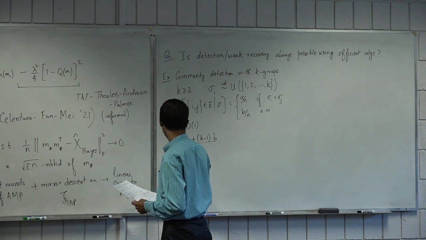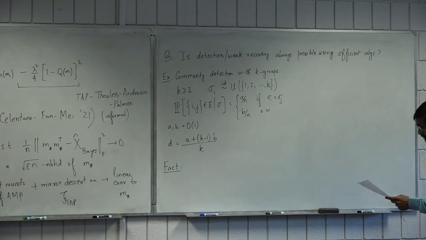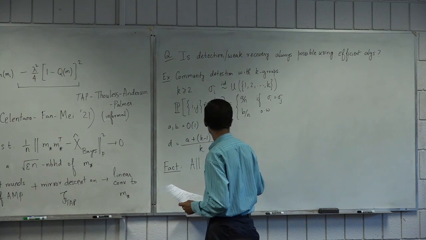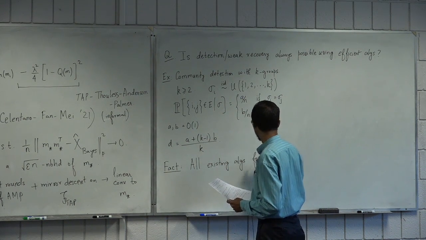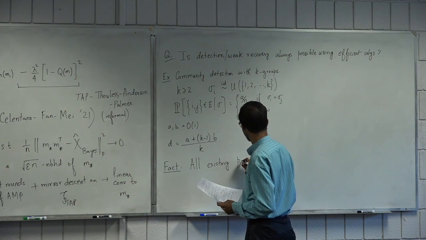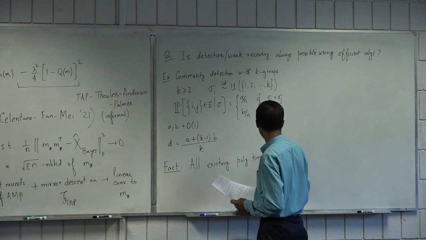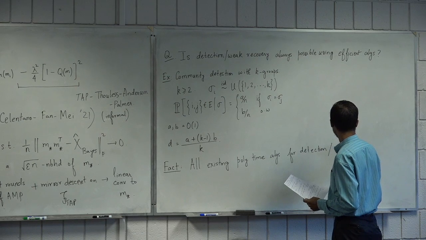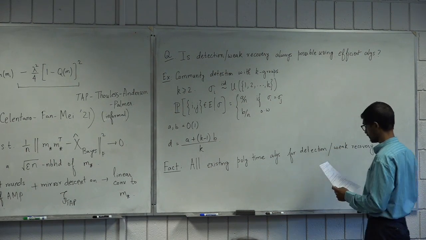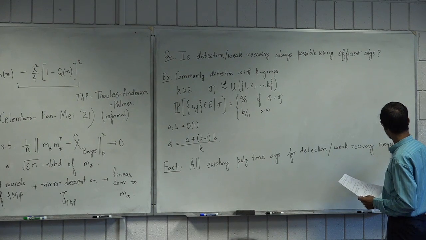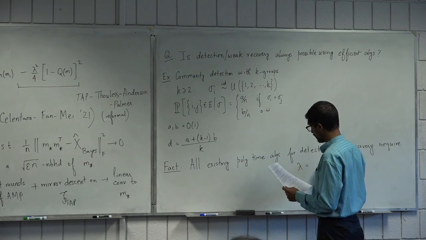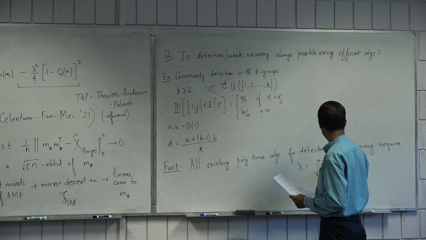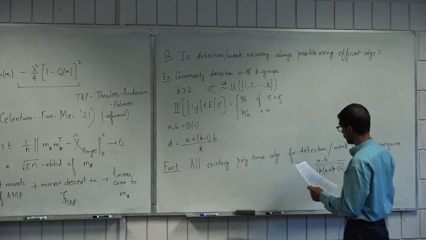One fact is that all existing polytime algorithms for detection and weak recovery require this quantity lambda, which is (A minus B) over the square root of K times (A plus K minus 1 times B), to be strictly bigger than 1.